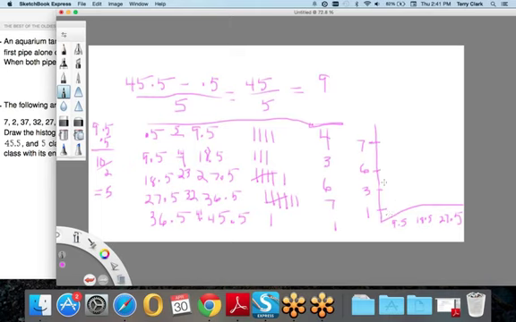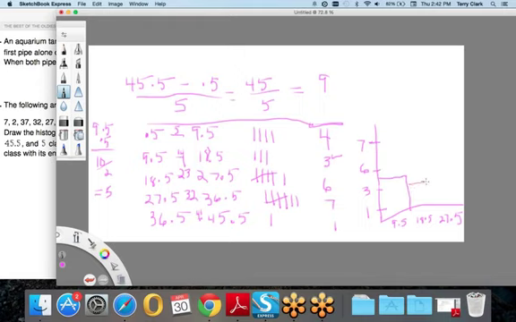Okay, so the first one's going to go all the way up to 4. That's what 9.5 is going to go to, 4. And the 18.5 is going to go up to 3. We can see that there.